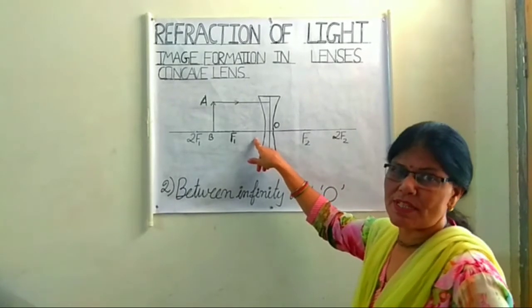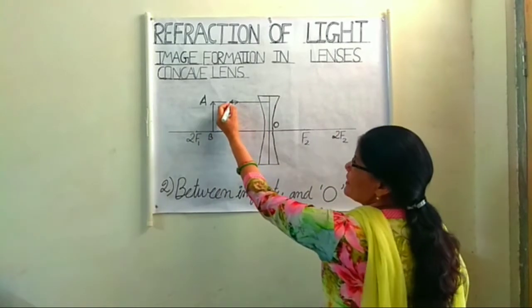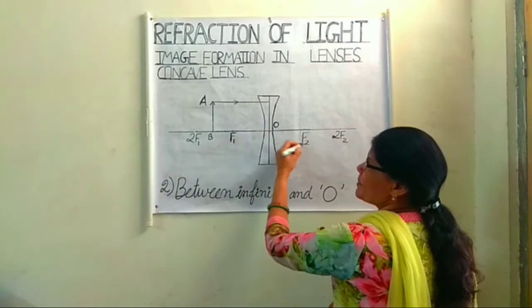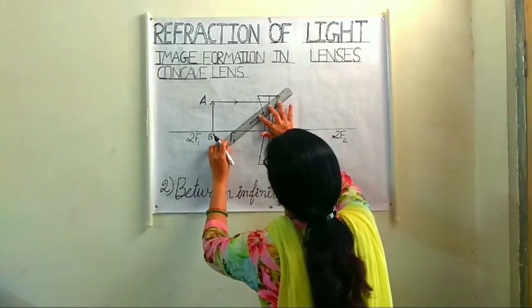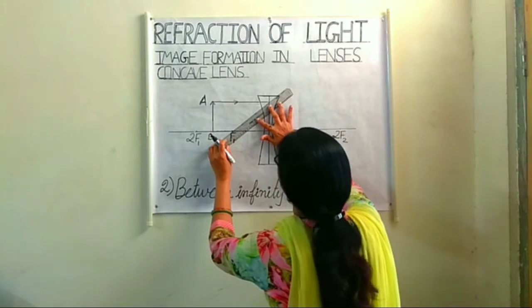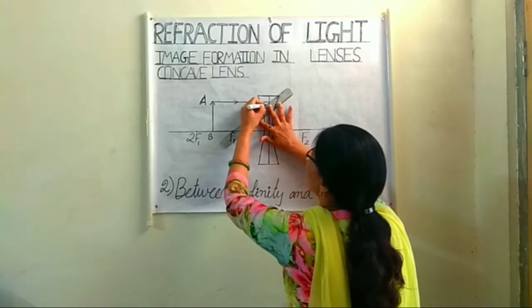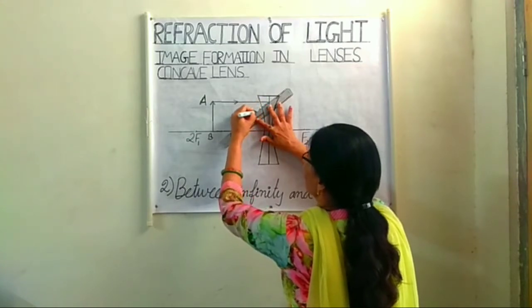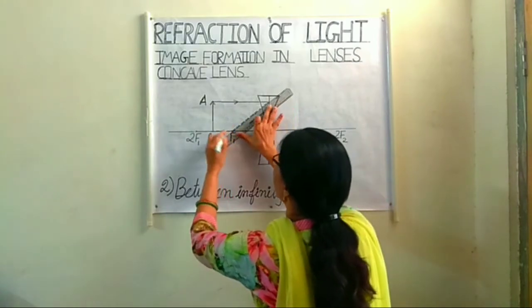So this is our incident ray. Let us put an arrow like this. When it comes parallel to the principal axis, the refracted ray will pass through the principal focus, and as it is on this side in the case of concave lens, we have to draw dotted lines here, as it is on the left side of the lens.